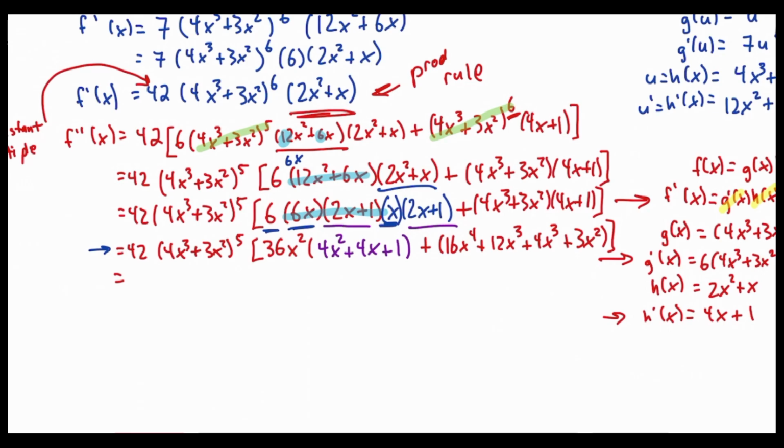Next line. Is there anything else I can common factor out? Yes, I can actually factor out some x's here. So I'm going to factor out an x squared from each of these. So we're going to end up with 42x squared times 4x plus 3 to the power of 5. Inside the brackets, I can multiply through again.